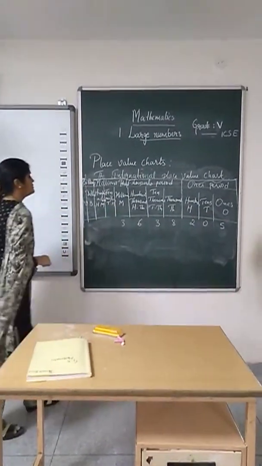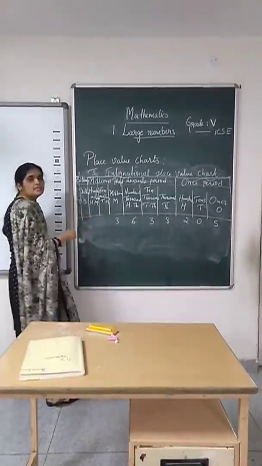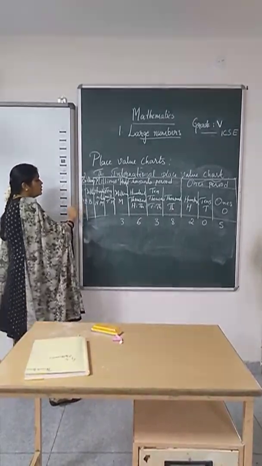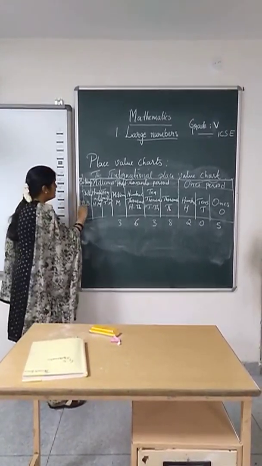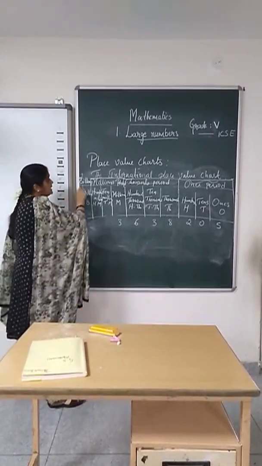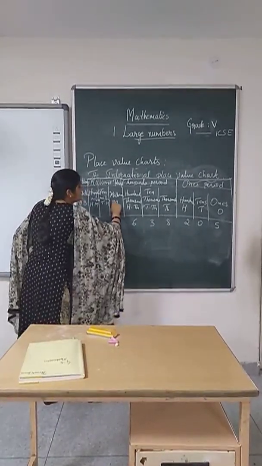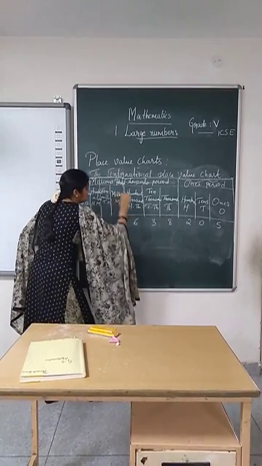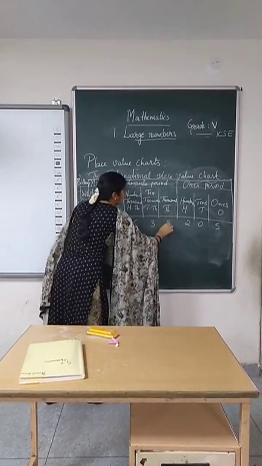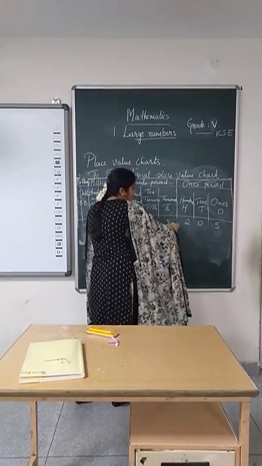If this number is written in your syllabus, children, you have the numbers up to 100 billion. Here billion, 10 billion, 100 billion come under billions period. Here 3 is in millions place. So 3,638,205. You need to read it together.